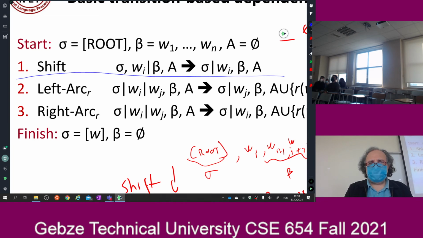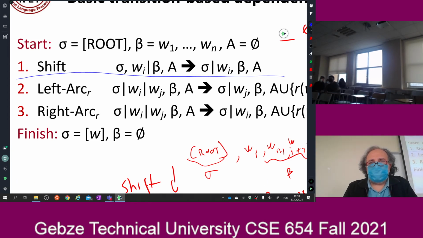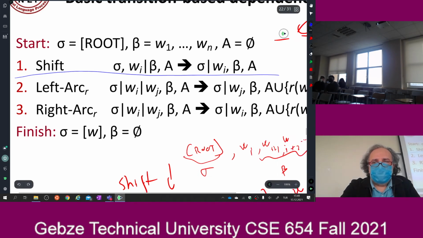What does that mean in terms of Prolog notation? Add the wi to sigma and remove it from beta. Yes, wi is the word at the beginning of the buffer. So push the word wi to the stack, and the rest of them will stay the same. How about this one?